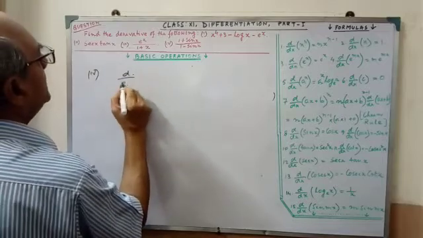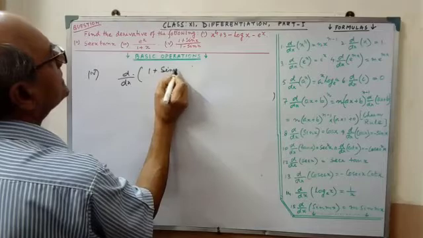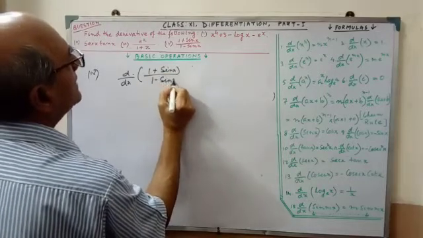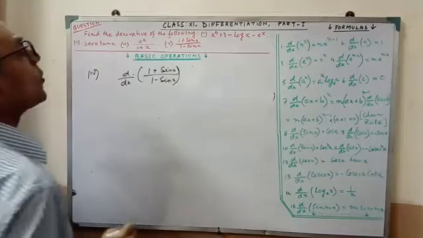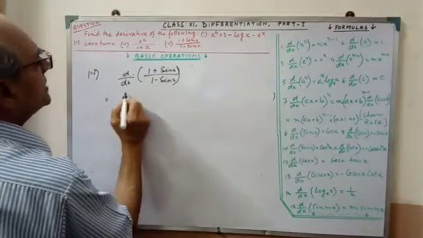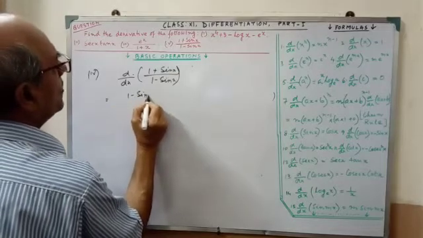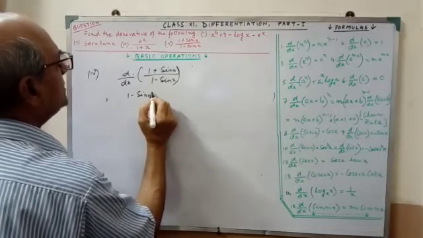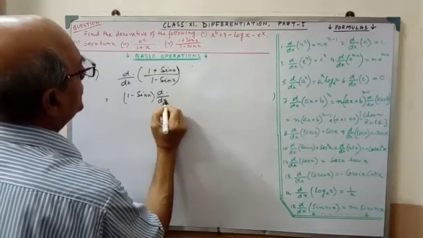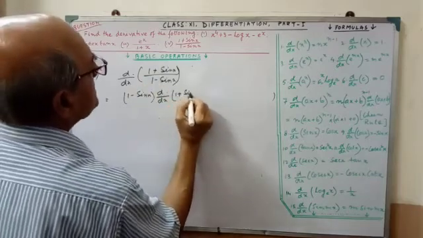d by dx of 1 plus sin x over 1 minus sin x. This is by the quotient rule, that is U by V. The denominator, 1 minus sin x, is unchanged, and the differentiation of the numerator, 1 plus sin x.